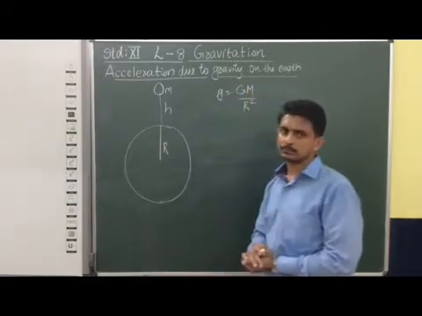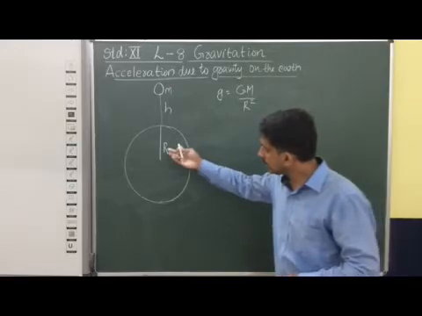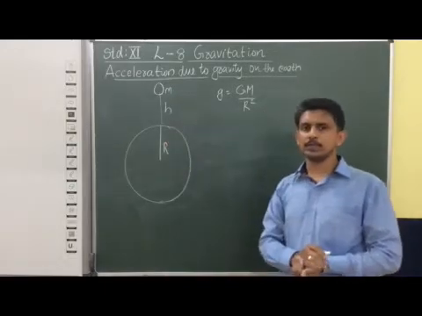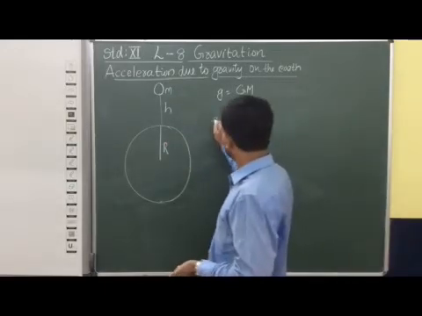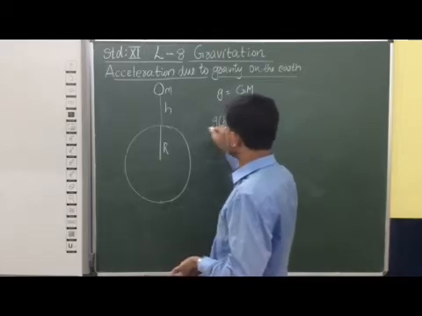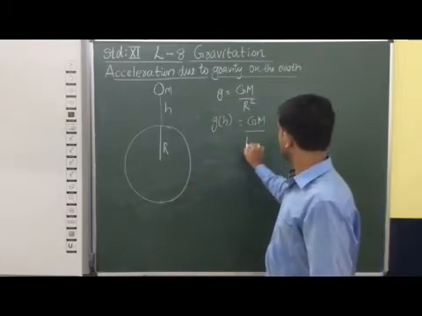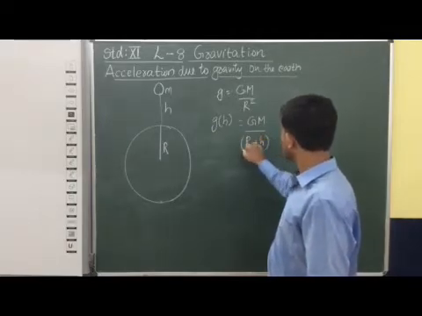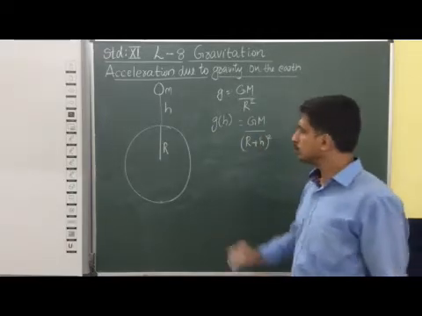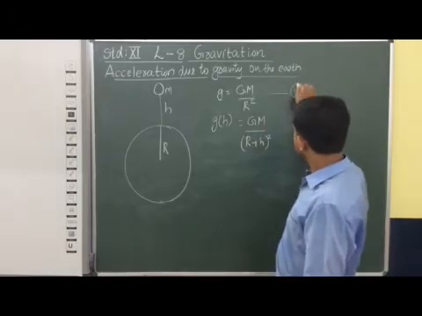If the object is at a height h above the surface of the earth, we can represent the value of g as g of h. g of h is equal to G M divided by r plus h all square. I can represent this as equation number 2, and the previous one as equation number 1.